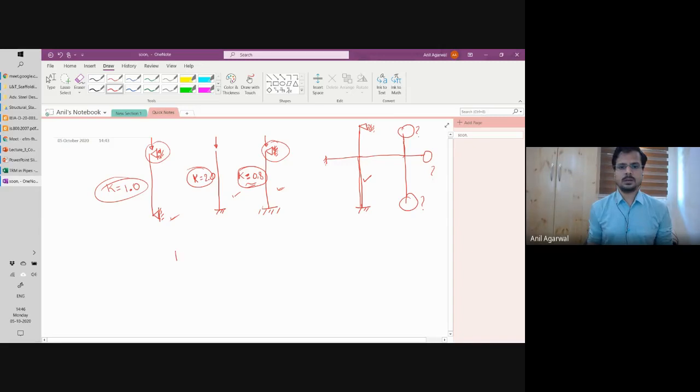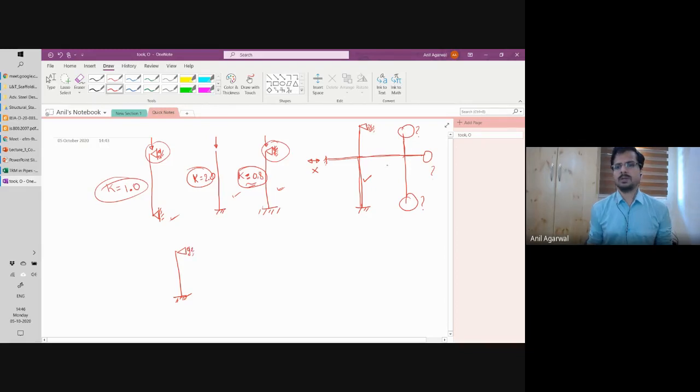if I try to simplify this column, here I can even imagine the fixed boundary condition, but at the top, even if let's say the lateral movement is restrained, if the lateral movement of this floor is completely restrained, then I can say, okay, let it be a pin.